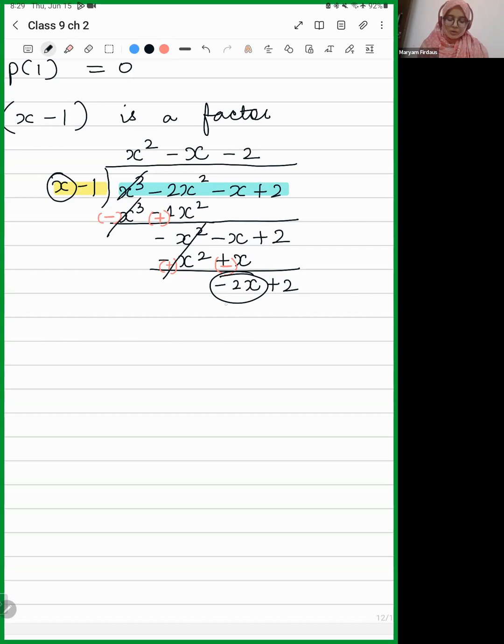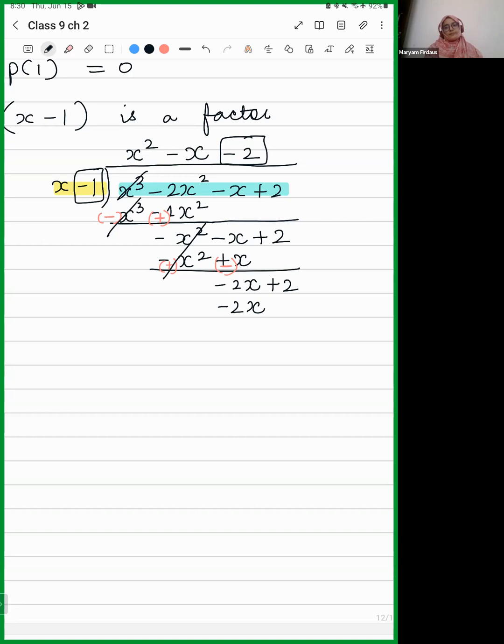Okay, now we write minus 2x here. Then next step, you have to multiply them, right? We multiply them. What do we get?